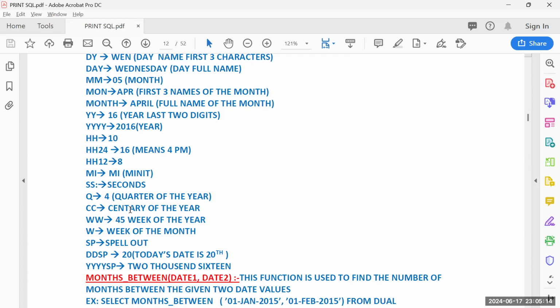WW is the week of the year. Suppose the current week is the 23rd; if we give WW, it will give the 23rd week of the year. A single W is the week of the month, meaning 1, 2, 3, 4.